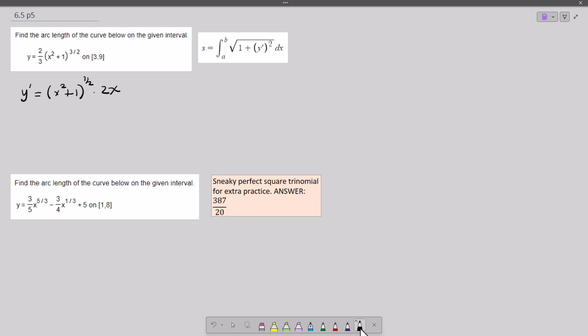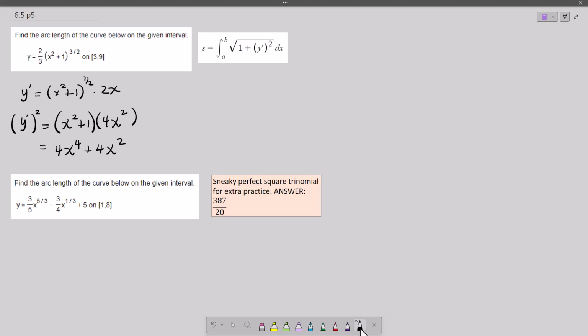Then we have to square this. Let's see if you do this right. So when you square the square root, you end up with x squared plus 1. When you square a product, you have to square each part of the product. So you're going to end up with 4x to the 4th plus 4x squared.